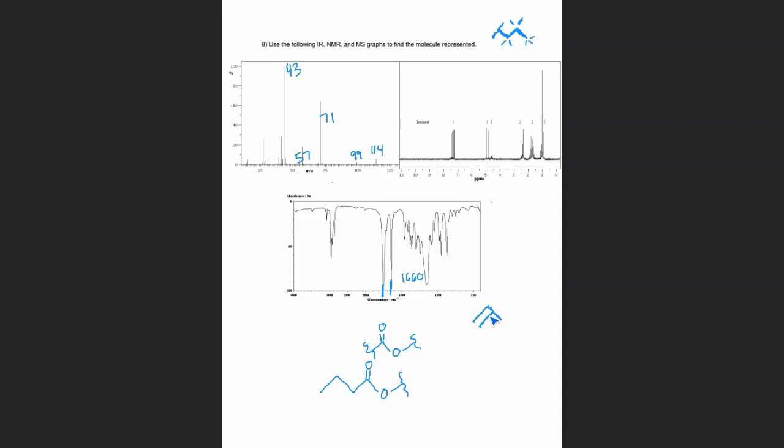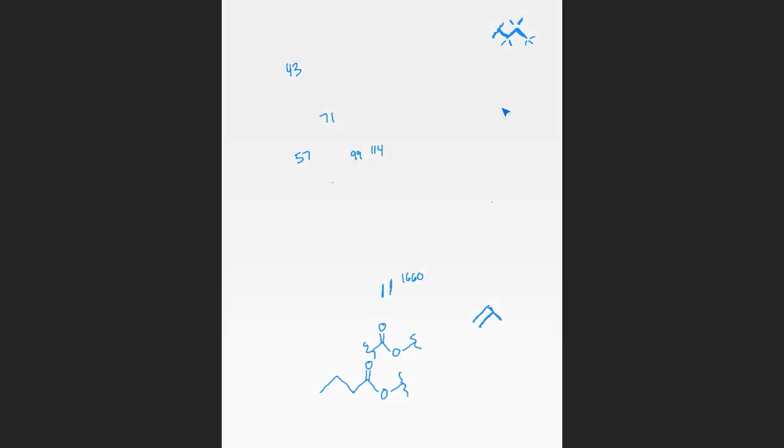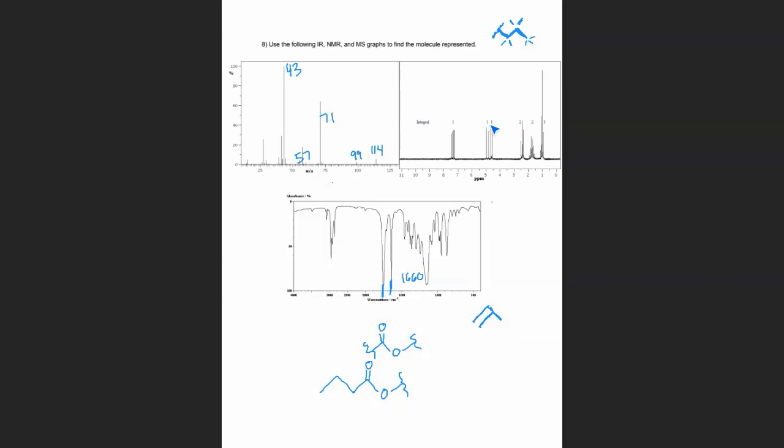We have this piece of alkene, and we can try to see where the alkene is. I do see 3 hydrogens here. 1 hydrogen is a doublet, 1 is a doublet, and 1 is a quartet.